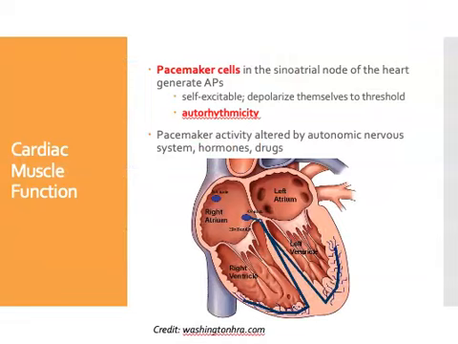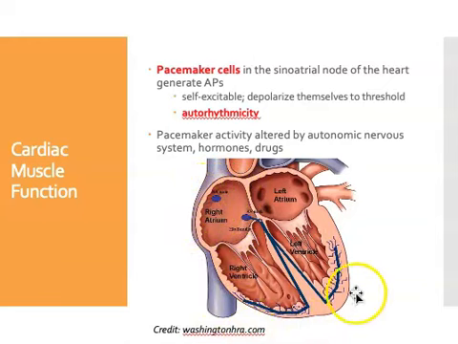Now, the other thing to know about cardiac muscle, to know about the heart as an organ, is that there are specialized cardiomyocytes located in certain regions of the heart that are referred to as pacemaker cells. So there's a region in the right atrium, right up here.